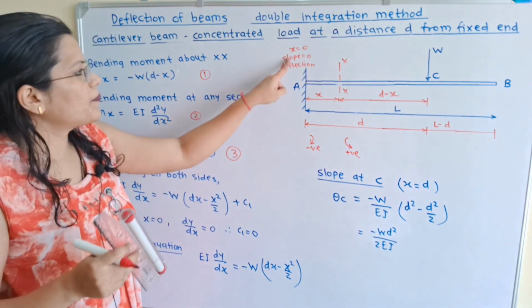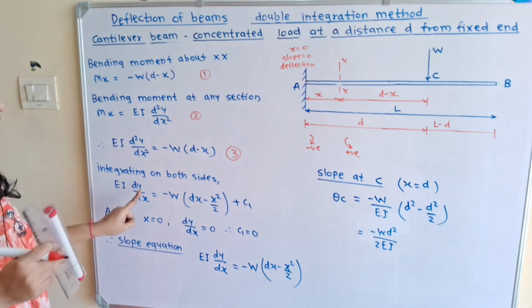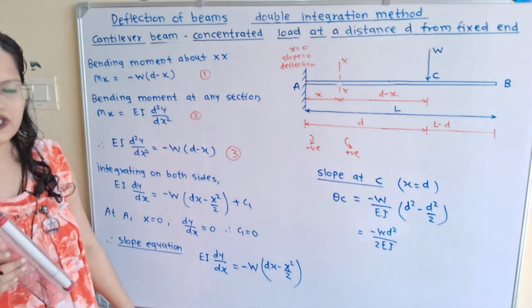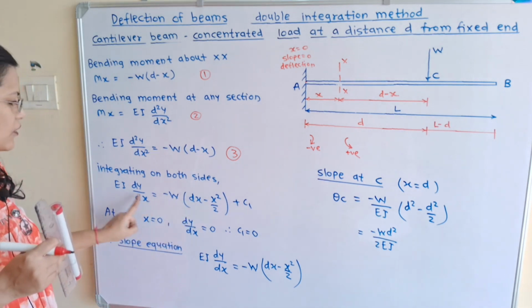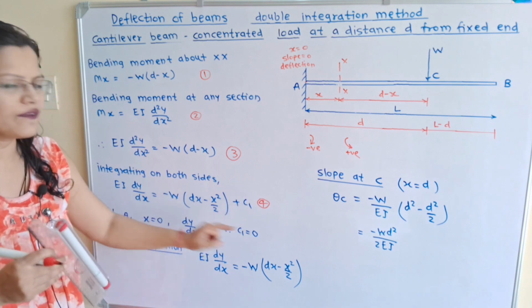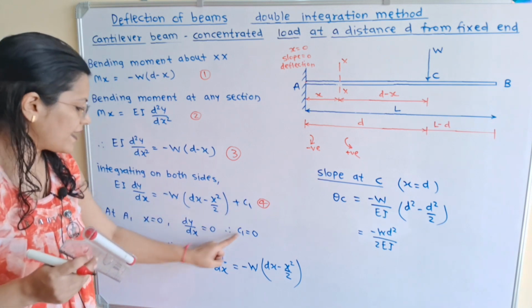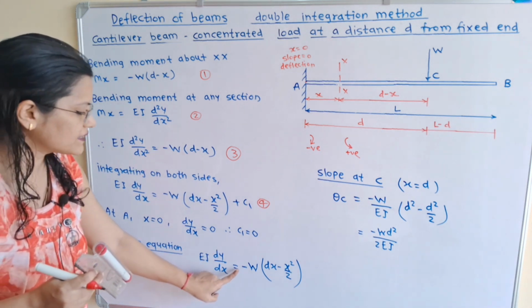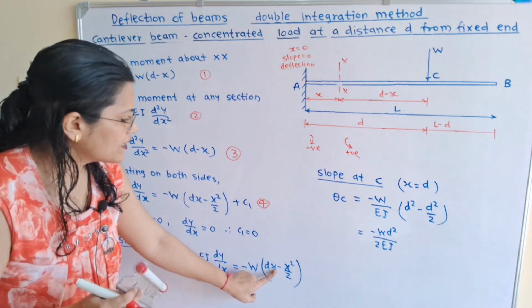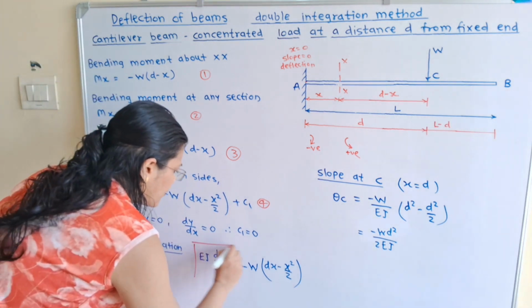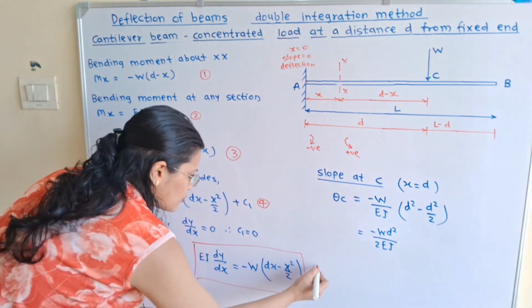The slope is nothing but dy by dx. So when we put these values in equation number 4, we get c1 is equal to 0. So the final equation, the slope equation, is EI dy by dx is equal to minus W (dx minus x square by 2). This is equation number 5, and it is known as the slope equation.